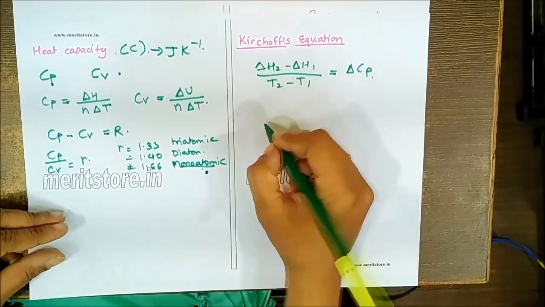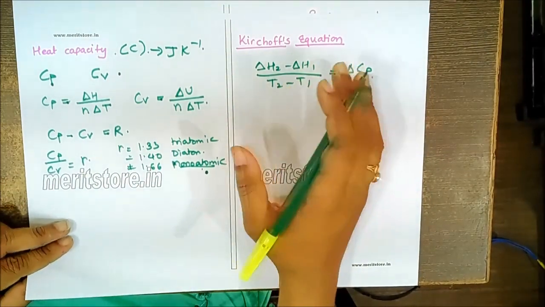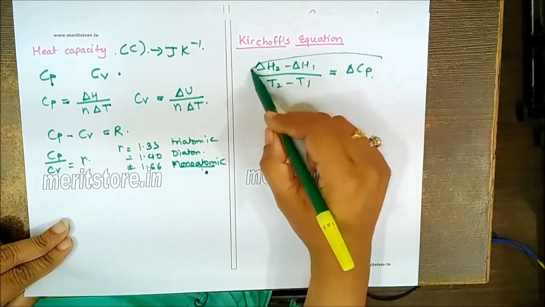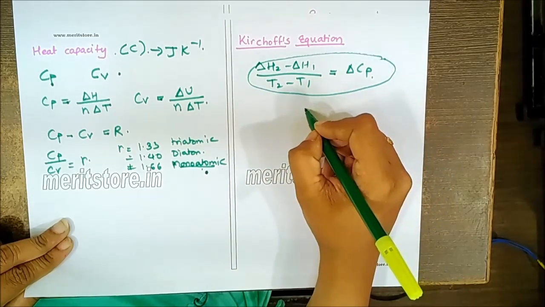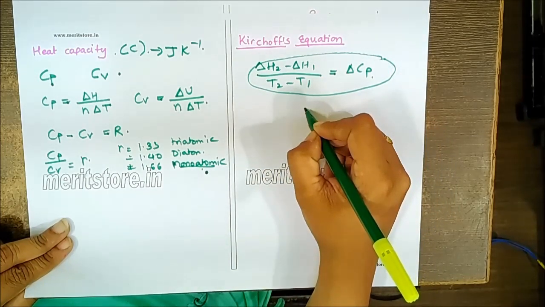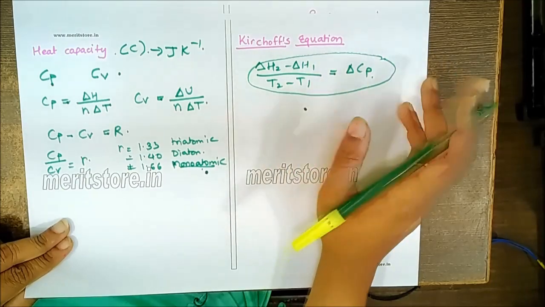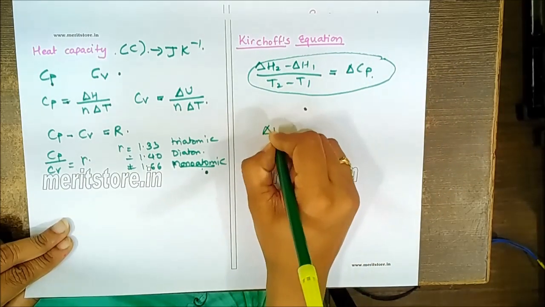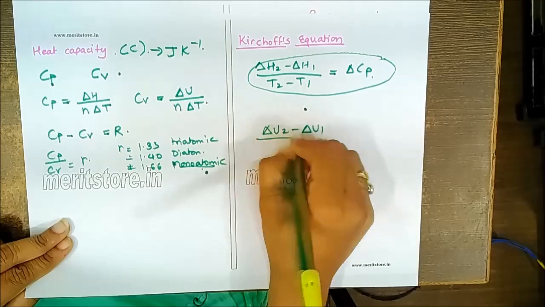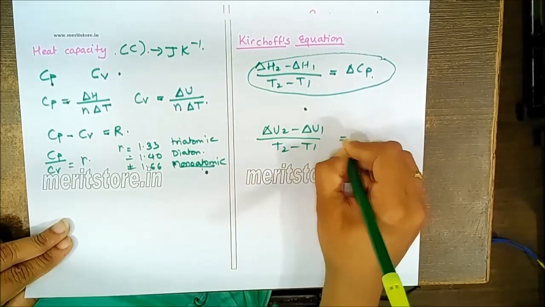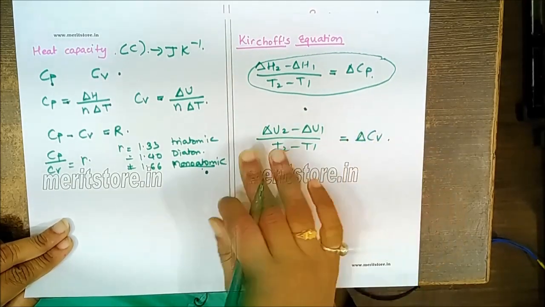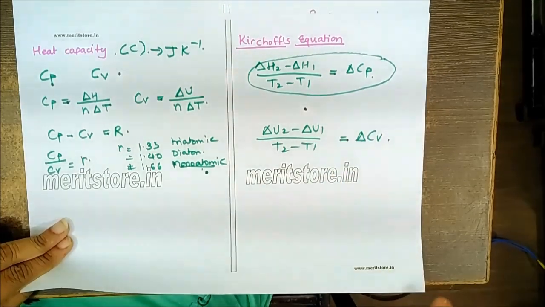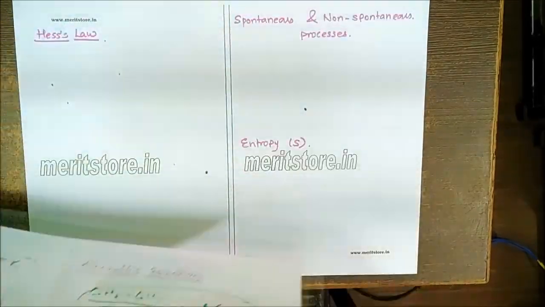Also remember, delta Cp is at constant pressure. This formula is for constant pressure. We can use it for constant volume also, and there we can use delta U2 minus delta U1 upon T2 minus T1 equals delta Cv. So these are some Kirchhoff's equation derived formulas we can use.